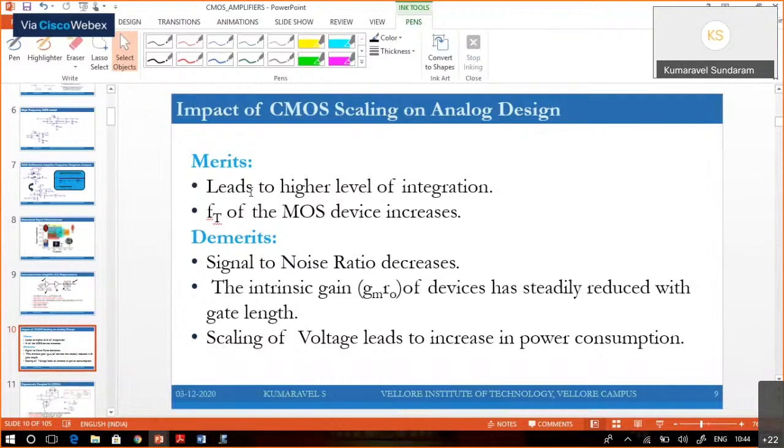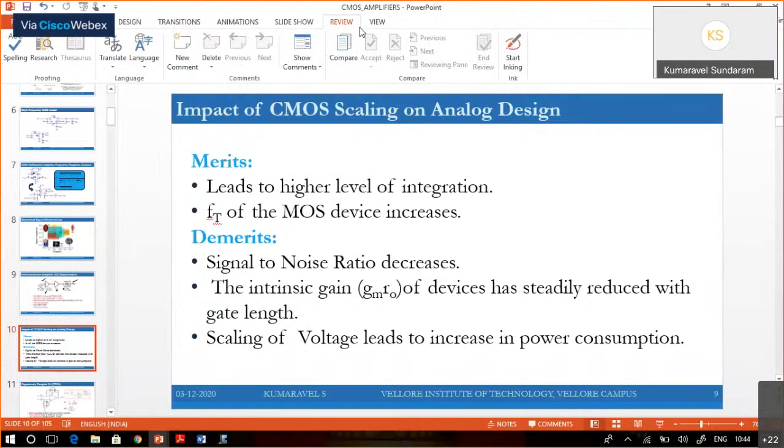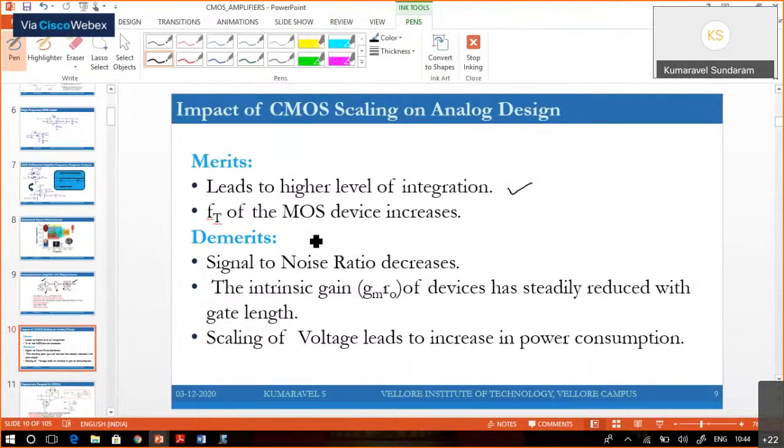The merit is, as the device size shrinks, it leads to a high level of integration, and fT of the MOS device is going to increase. Whereas the demerits are that signal to noise ratio is going to decrease, and the intrinsic gain, gm ro, is going to decrease.